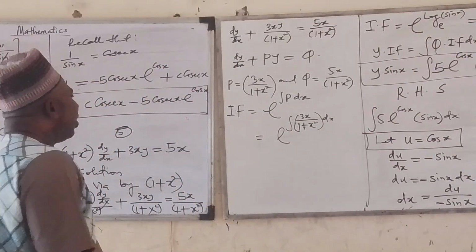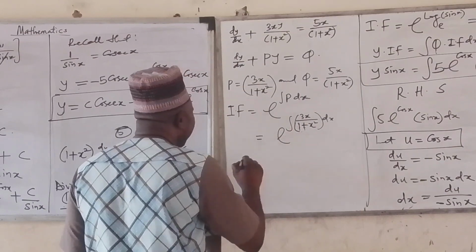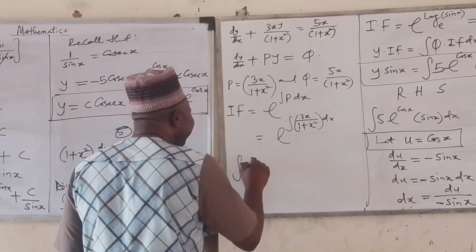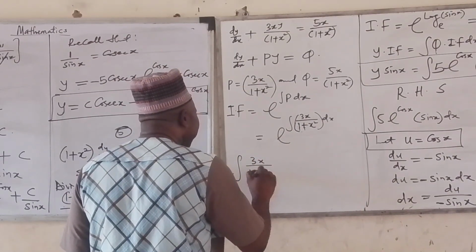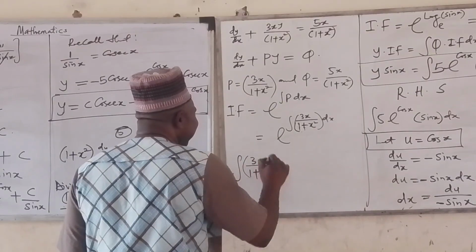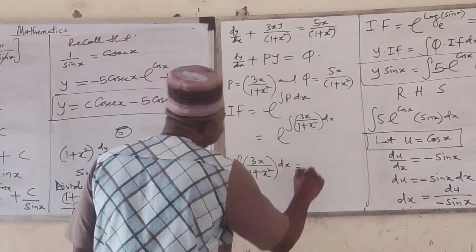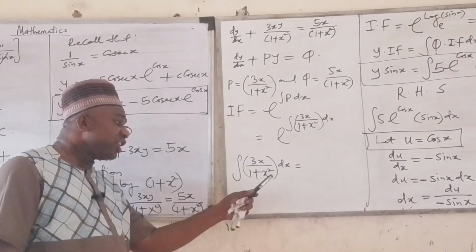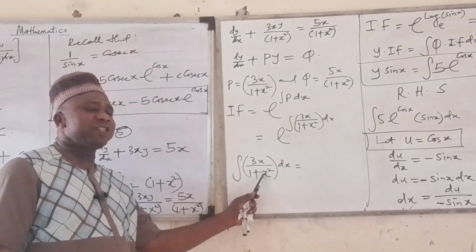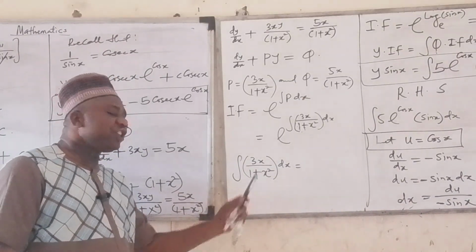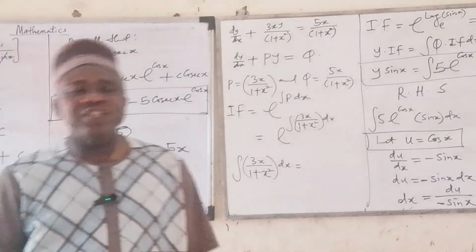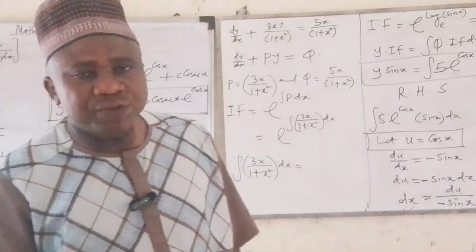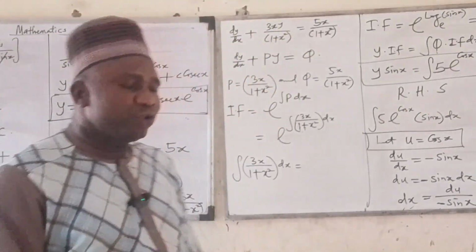In this case, I want us to look at integral 3x all over 1 plus x squared dx. If you look at the denominator, when you differentiate the denominator, it gives 2x. So this is a case of integrating functions where the derivative of the denominator is equal to the numerator.